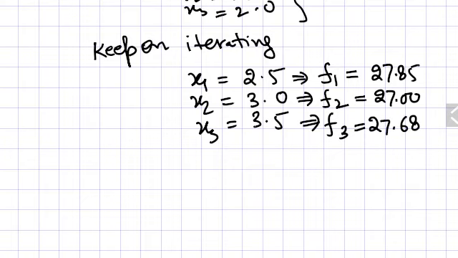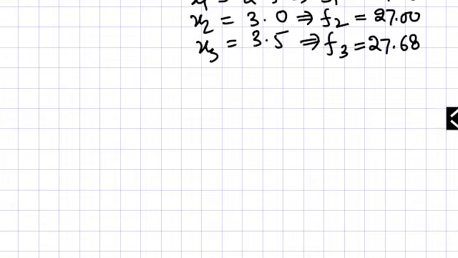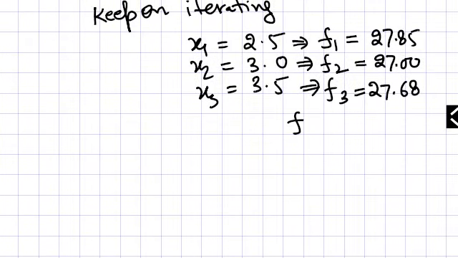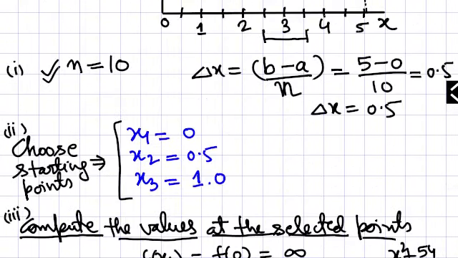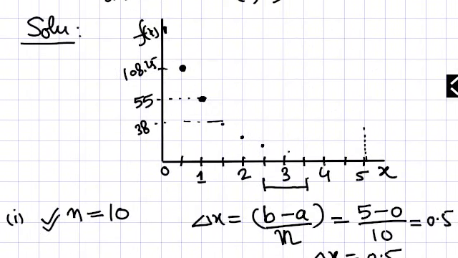What you see here is that the trend is F1 is greater than F2, but F2 is less than F3. So this trend is coming here now, and this kind of change will come in the function. So now you can say that this is the minimum point.